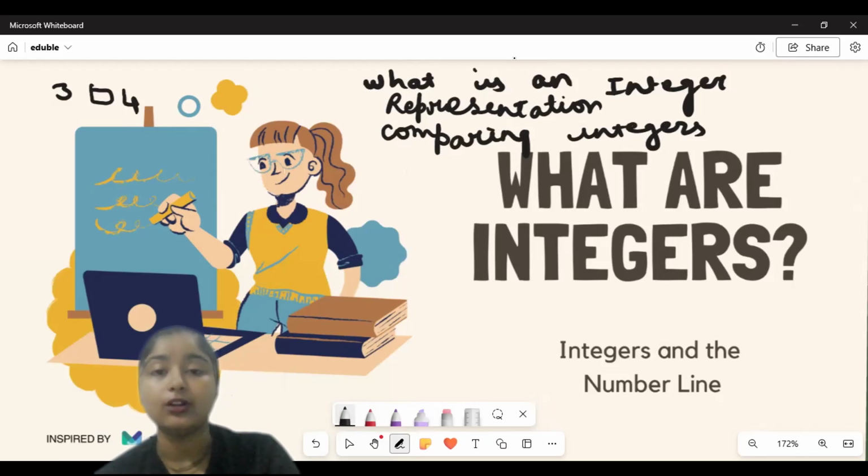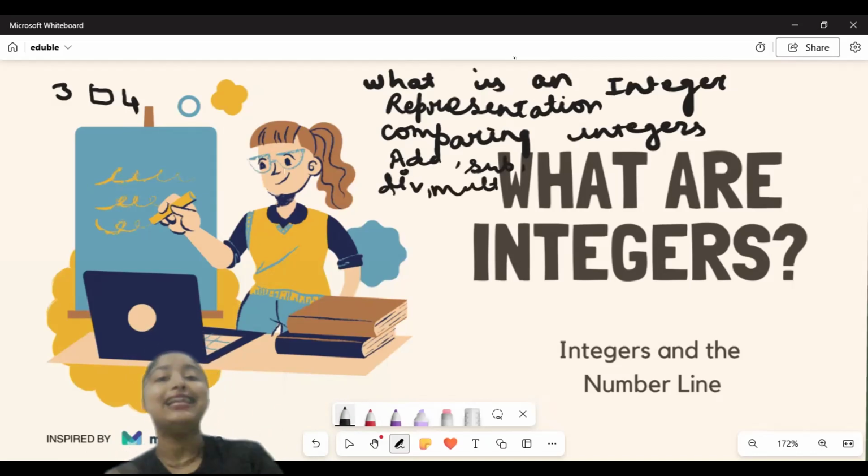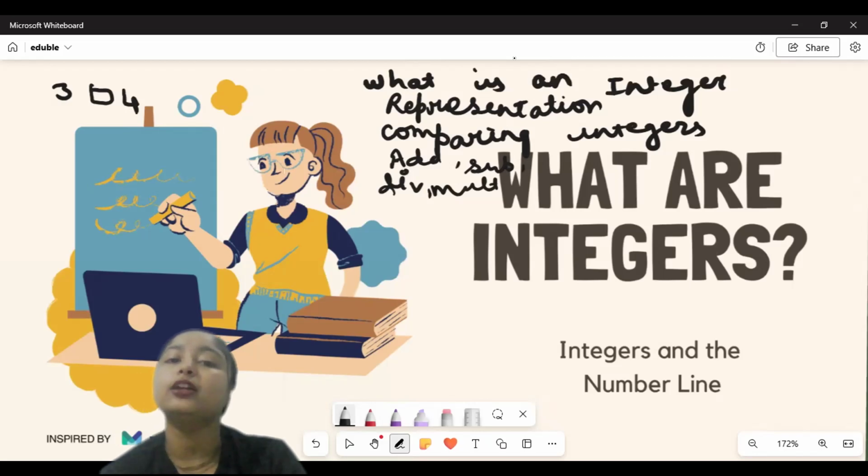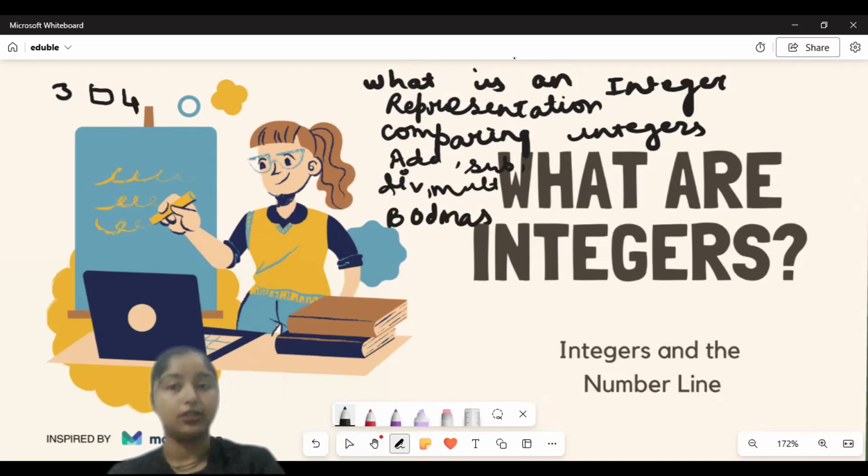After that, we'll also be doing the basic operators on the integers, such as addition, subtraction, division, and multiplication. We will be doing these basic operators as well. Later on, we will combine the concept of BODMAS with the integer portion, and we'll be solving those.